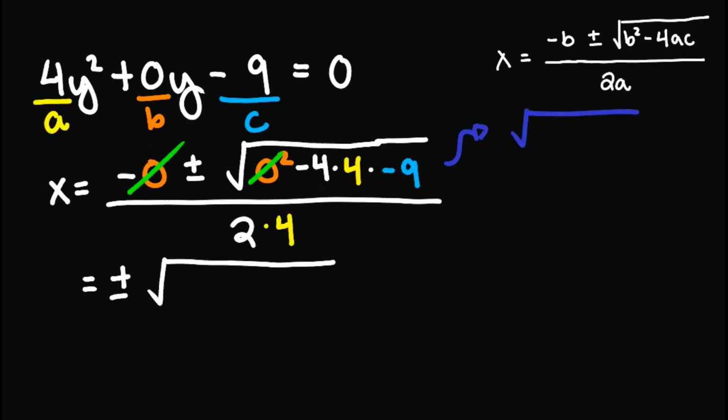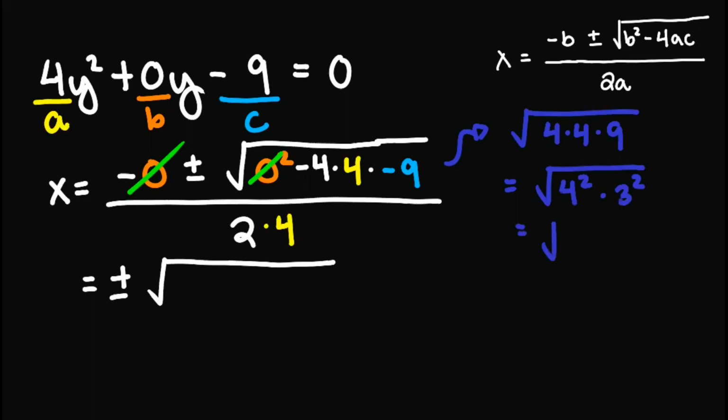And we have -4 times 4 times -9. Since we have two negatives out here, we can just disregard that one, since negative times negative is positive, and we'll have 4 times 4 times 9. Or we can write this one as 4 squared times 9 is 3 squared.